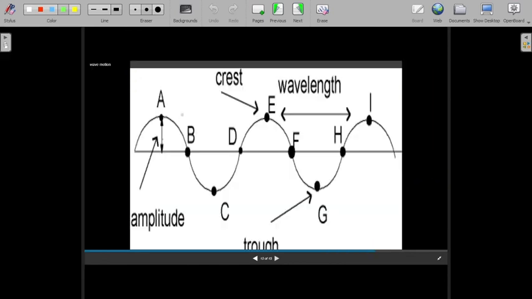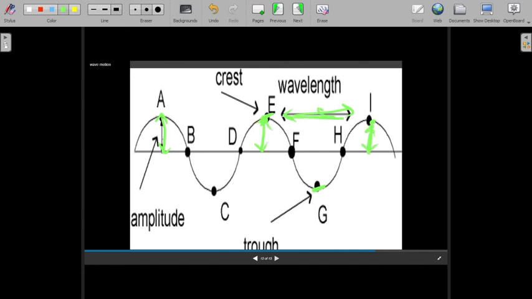See, this is the crest point, this is the trough point, this is the maximum amplitude, and this is the wavelength, the distance of a wave. Wavelength can be defined as the length of a complete wave, that is the distance between two consecutive particles having the same phase at an instant. Here is one particle, here is another.